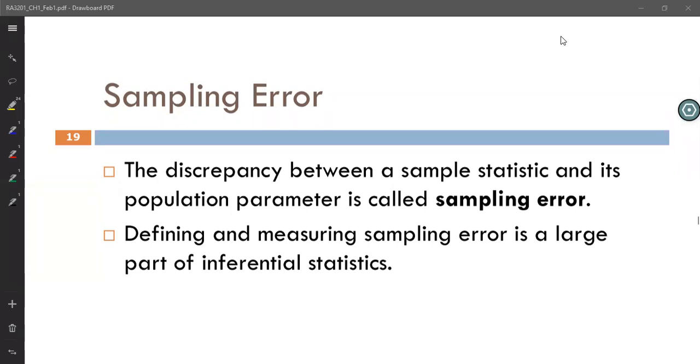Now, the problem is when you define your population, it contains the true values. If you want to find the average GPA of all third year students in AHS, you know the population. That will be all third year students in AHS. And if you find the average, considering all these students, that is the true average.